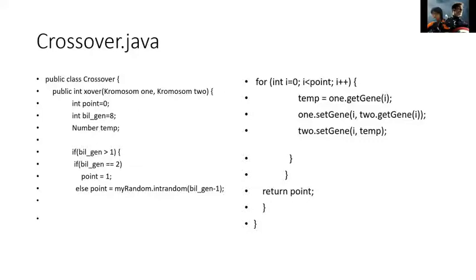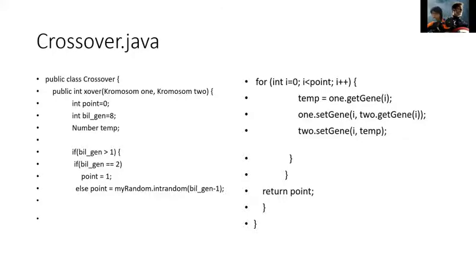Meaning we're going to have a random point generated later in my random class. Then we insert bilangan generation minus 1, so 8 minus 1 is 7. The 7 is put inside the random class and then it comes up with a random point.